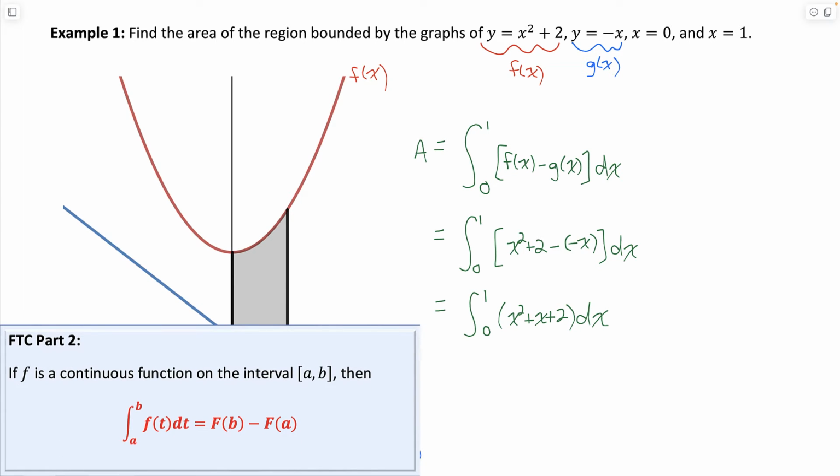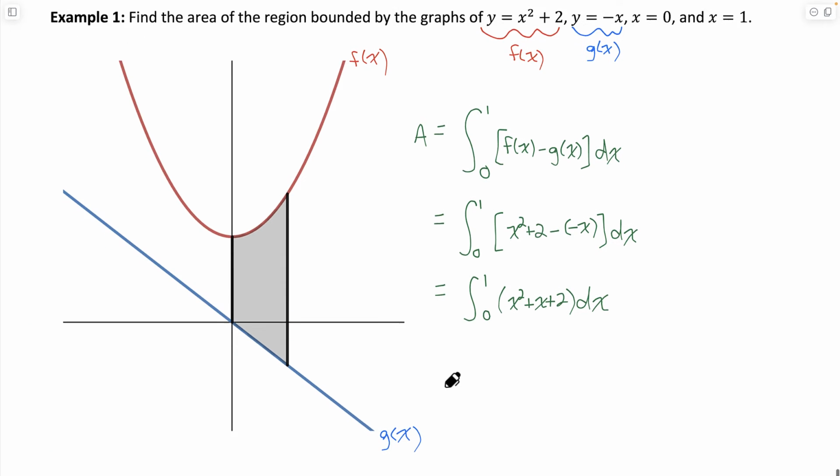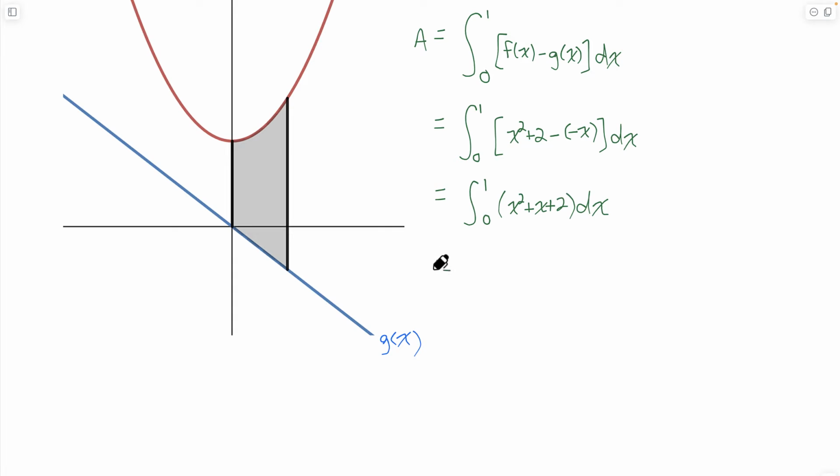And now based on the fundamental theorem of calculus, I know I can evaluate that definite integral by finding the antiderivative of my integrand, evaluating it at 1, and then subtracting its value at 0. So the antiderivative of x squared plus x plus 2 would be x cubed over 3 plus x squared over 2 plus 2x. So I want to find that function's value at 1 and then subtract that function's value at 0.